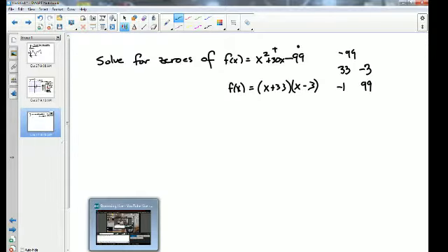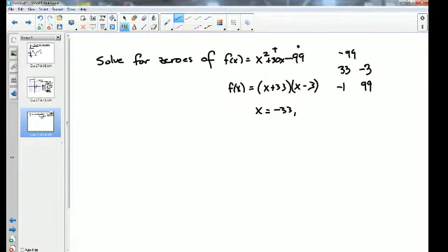What are they? Negative 33 and 3. Right? If you have trouble with that, you can set each of them equal to 0 and solve for x. And this will pay dividends later, because there will be some more difficult ones that you'll have to solve. Do you think you can handle those? Yes. Okay. Hopefully that kind of rang your bell.